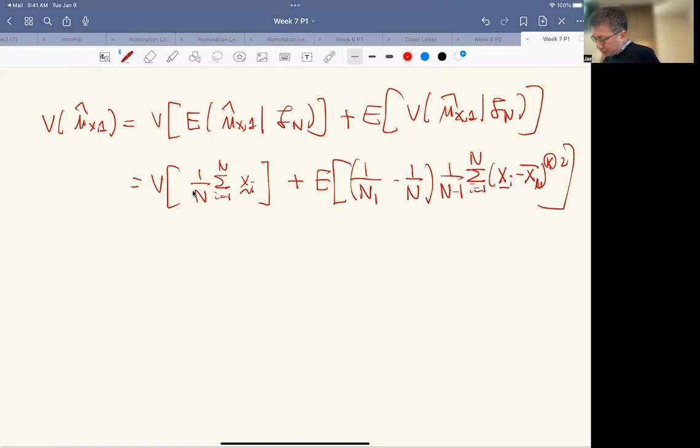So basically, the point is here the randomness is with respect to t, conditional on the finite population.